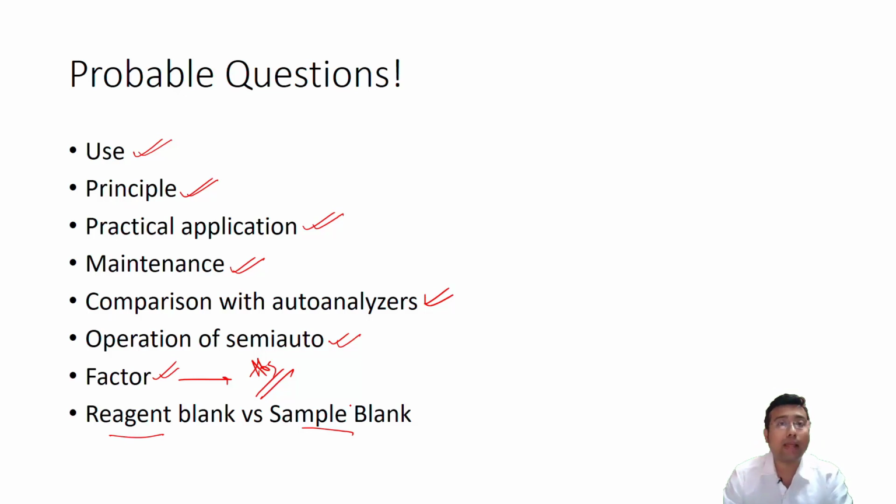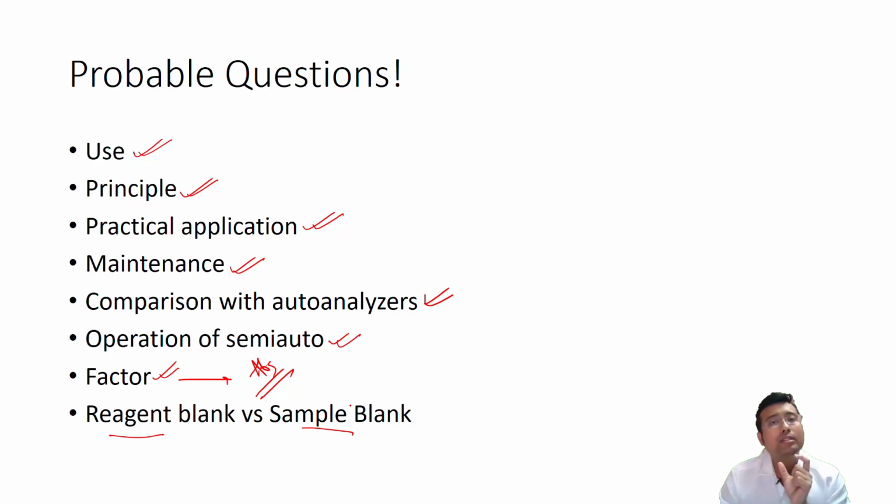Then what is sample blank? Sample blank is mainly used to zero the machine. Whenever there is any turbidity or haziness in the sample, ideally it shouldn't interfere with the analysis. So when we are zeroing the machine, or the machine does it for you, sample blank means we need to just feed the sample, only sample, nothing else.